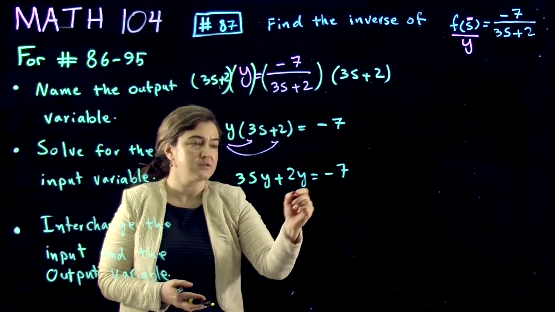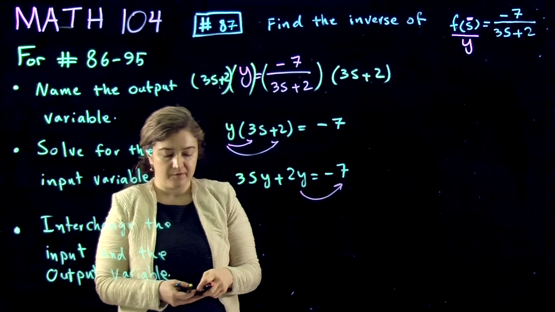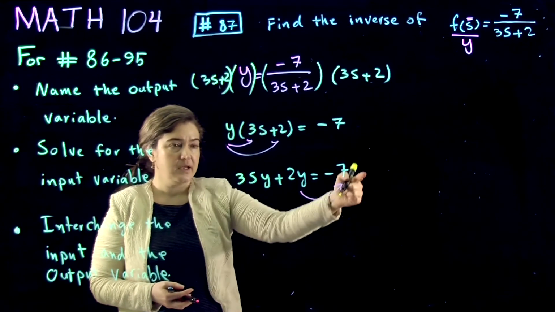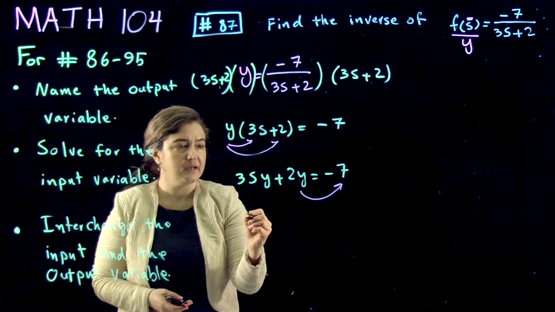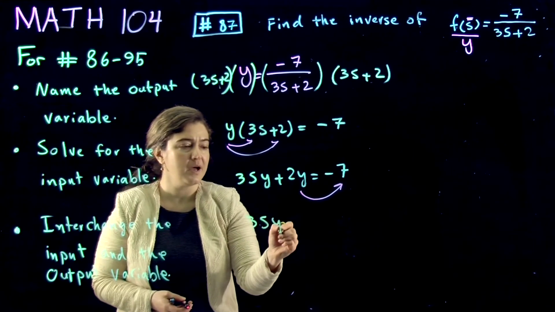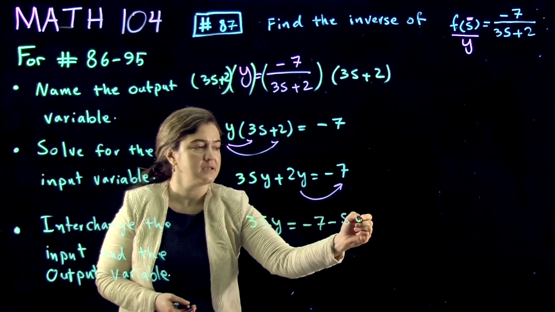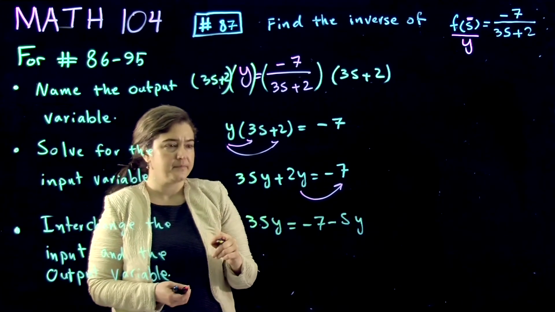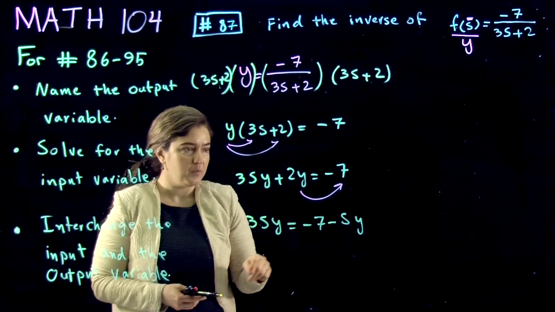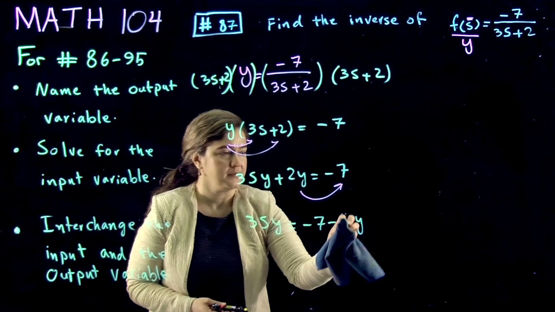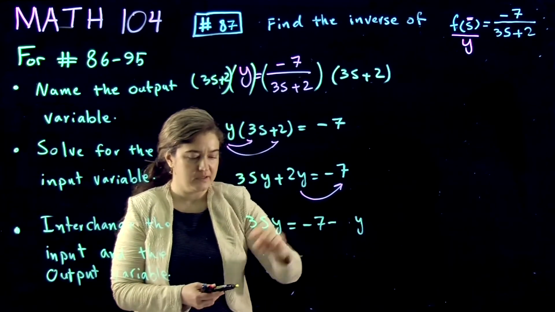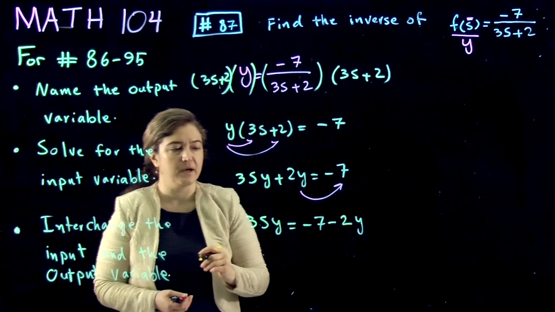And so I subtract 2y from both sides to get the 2y to the other side, and I end up with 3sy equal to -7 minus 2y. Minus 2y, I apologize. 2y to the other side, so minus 2y.